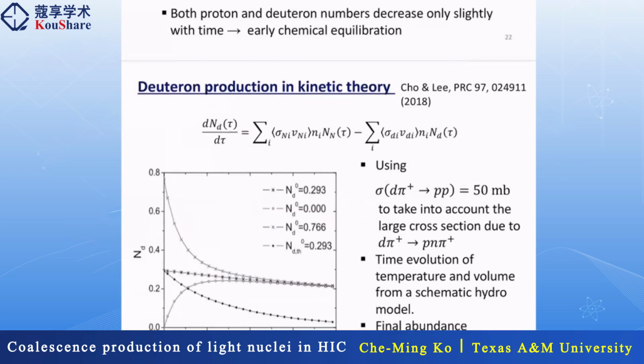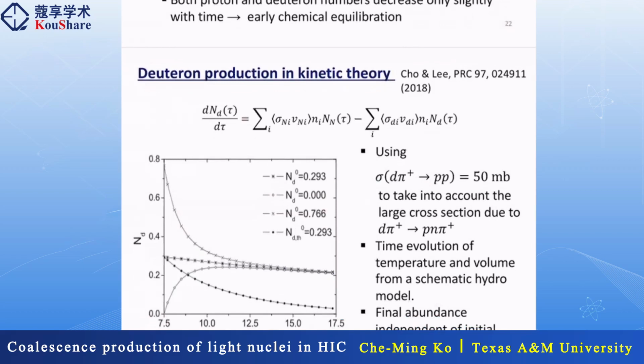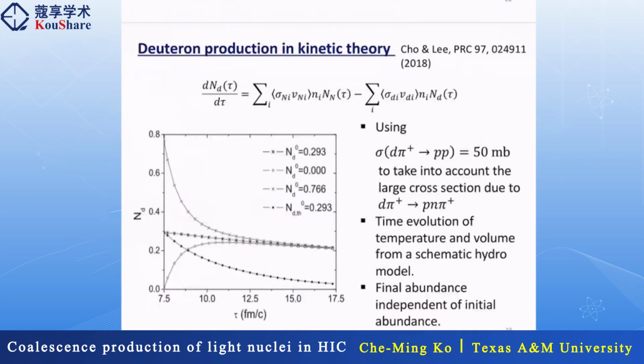The only difference is they use a larger cross section to model the three-body reaction, p and pi going to d pi, or d pi going to p and pi. Actually, that cross section has a maximum value of about 200 millibarns, which is 5 times larger than what we did.